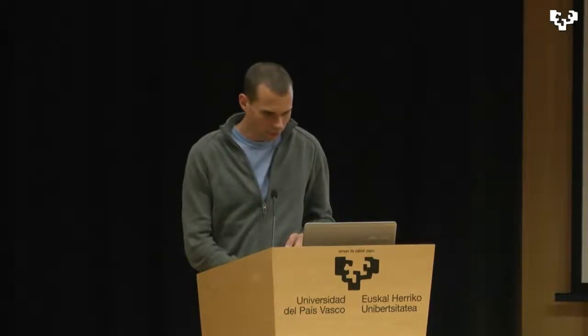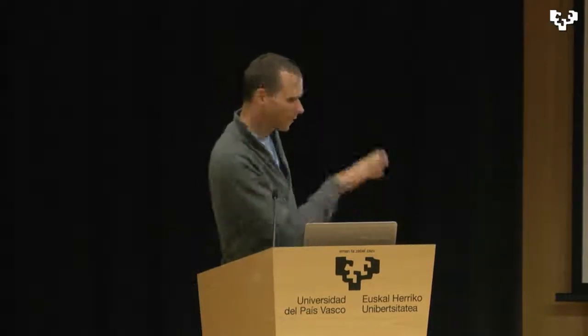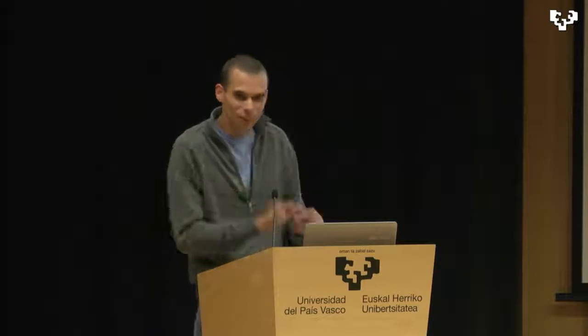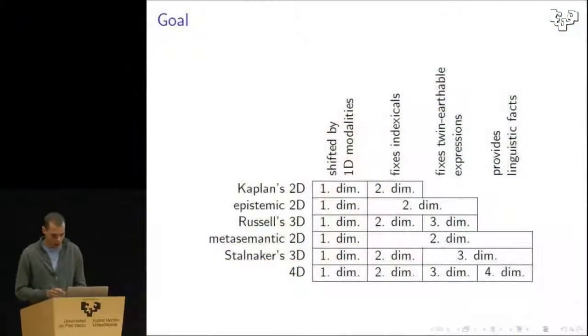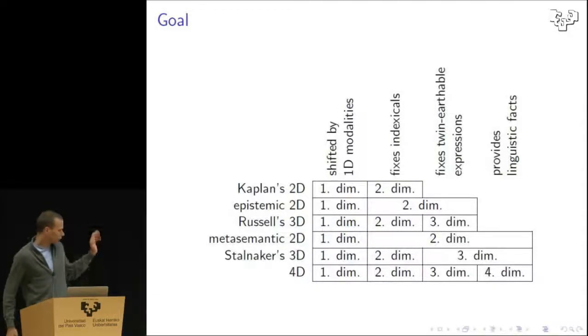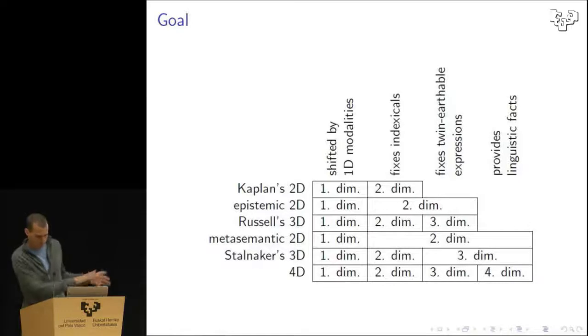Okay, so the goal of this talk is basically to explain this table here. I will not do that now, but just to give you a rough idea where things are going. In the different columns, I'm distinguishing different types in which the extension of an expression can depend on the facts in the world. And then in the rows, I have different versions of the two-dimensional, or later also 3 and even 4-dimensional semantics.